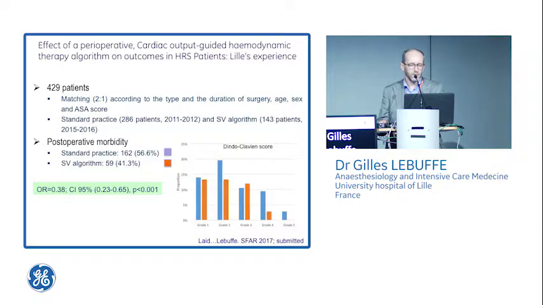First phase, we observed 56% morbidity. Second phase, 41%, a significant decrease. We used for that the Dindo-Clavien score, a very simple morbidity score. And we observed also that the severity of morbidity was less important in the second phase. The odds ratio was 0.4. So we have a good impact of a multimodal hemodynamic approach.